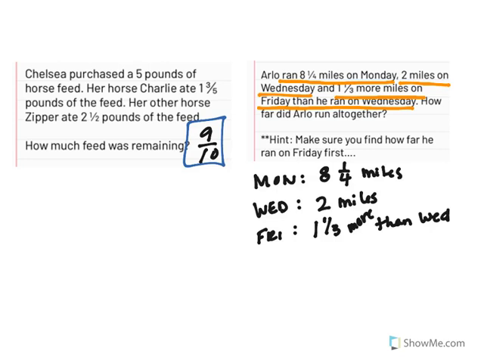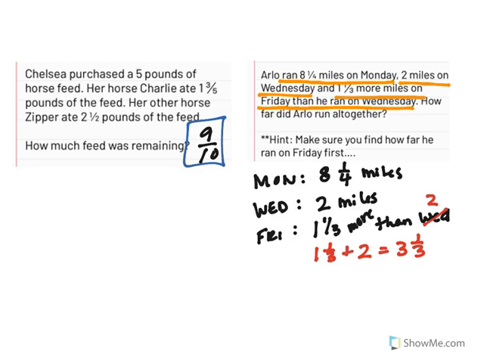So 1 1/3 more than Wednesday. Well, I know on Wednesday he ran 2 miles. And I know if I'm finding more than, then that means I'm finding 1 1/3 plus 2. I know 1 1/3 plus 2 equals 3 1/3. So on Friday, he ran 3 1/3 miles.